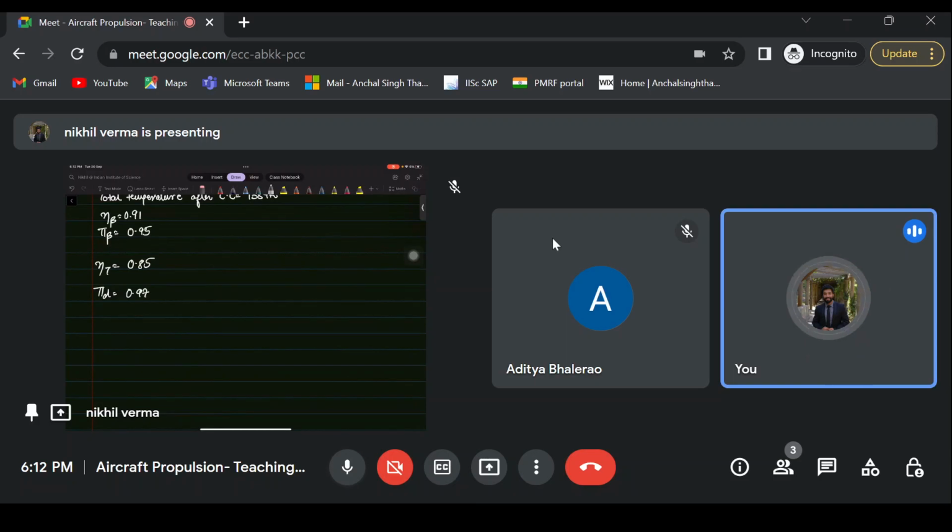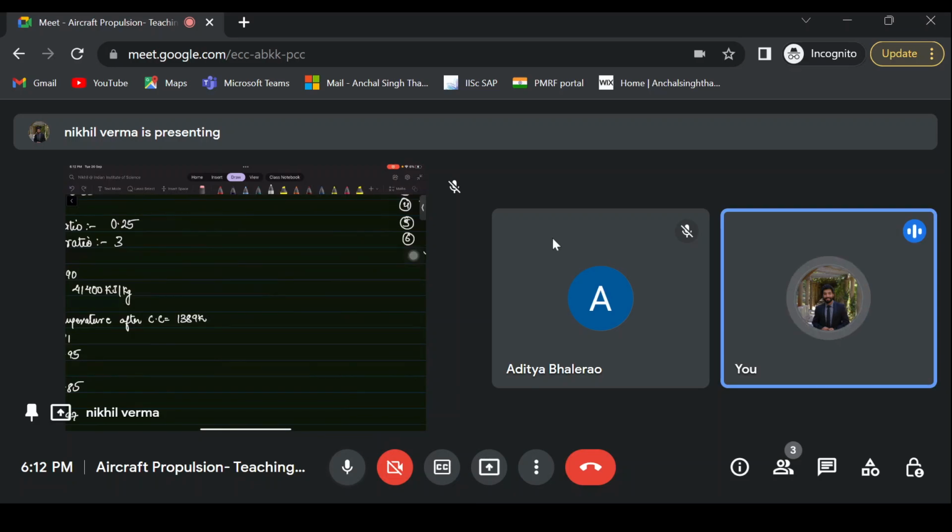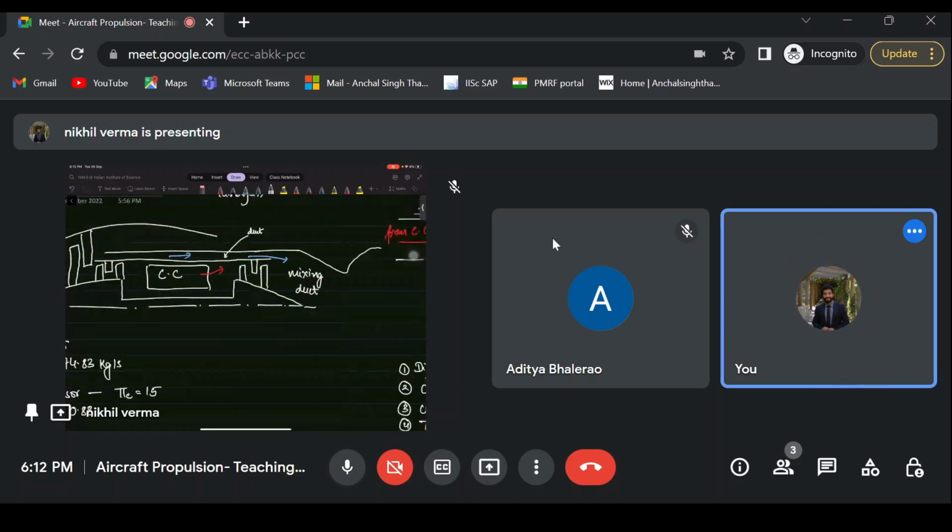and it is given that the nozzle that is used for expanding the hot stream is a CD nozzle, and the fan nozzle is convergent.